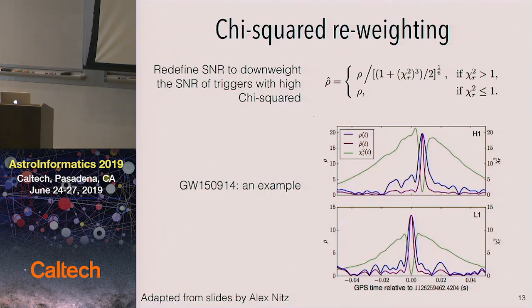You can see that as my model goes over my data, I'm seeing more and more power where I don't expect to see it, until I have very good alignment with the real signal, and then it pops back up again. But at the peak of the signal, there's essentially no difference between my signal-to-noise ratio and my reweighted signal-to-noise ratio. So this is a powerful distinguisher for us between signal and noise.